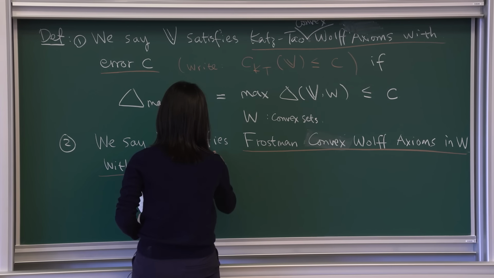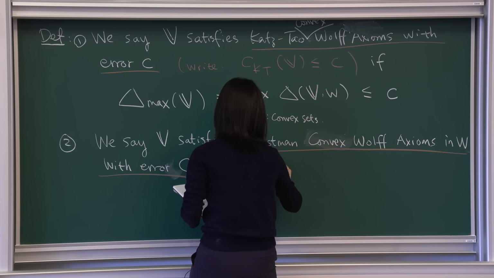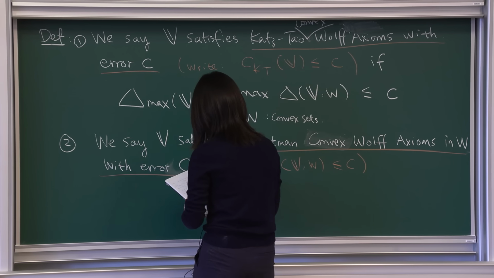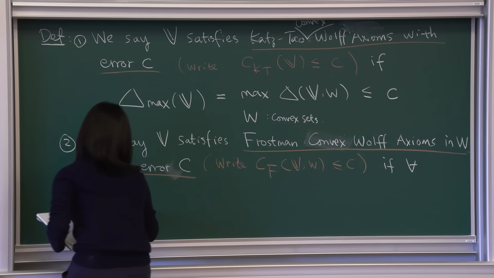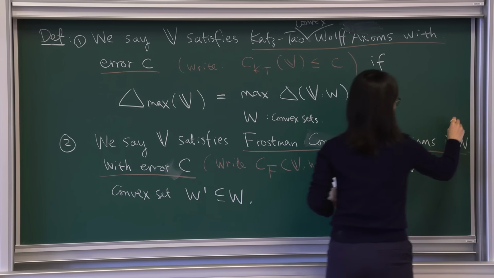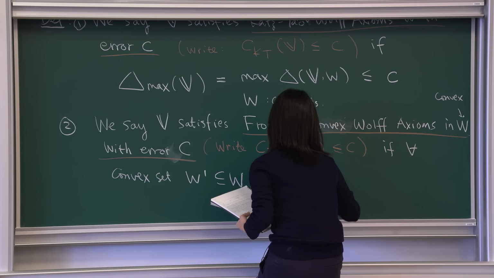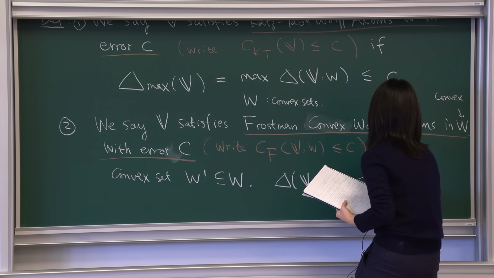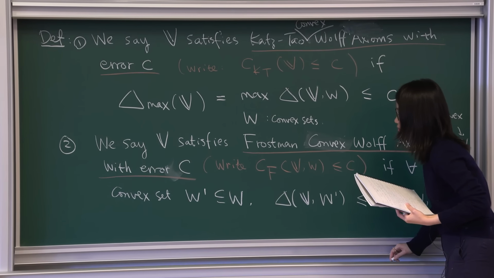So we write it as the Frostman constant in W less or equal than C, if for any convex set W prime in W, so W is also a convex set, the density of V in W prime is less or equal than C times the density of V in W. So that is this definition.